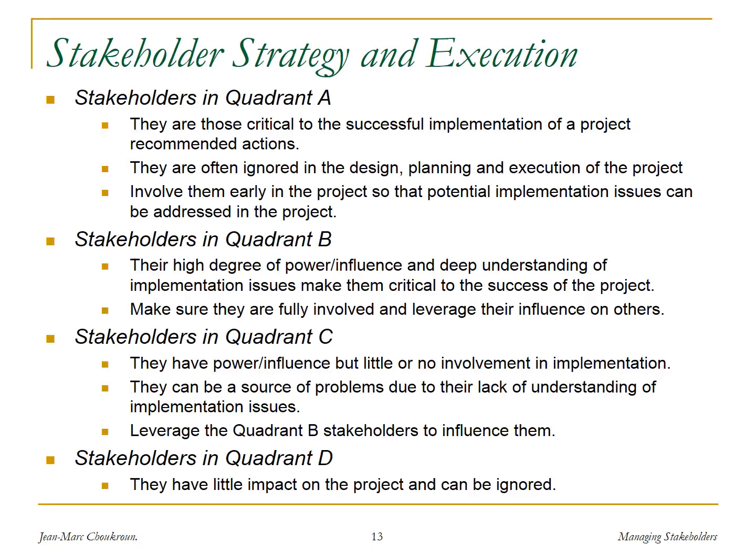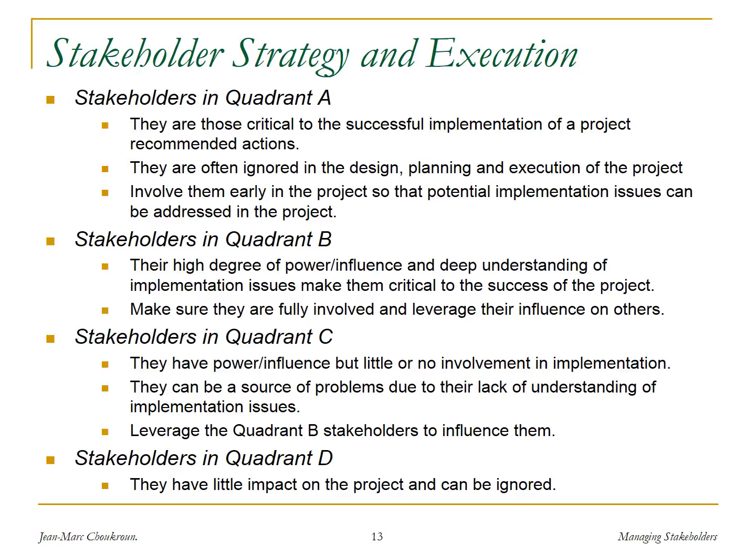So what you want to do in here is think about those in quadrant A. The nurses in my example are critical to the implementation of the project. They are the ones that make it work, even though they don't have a lot of power.